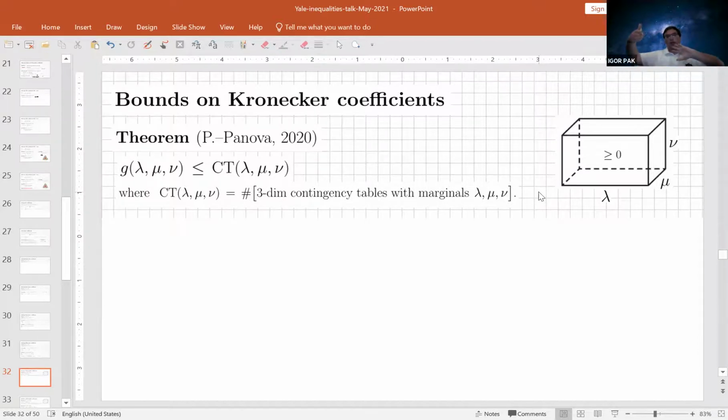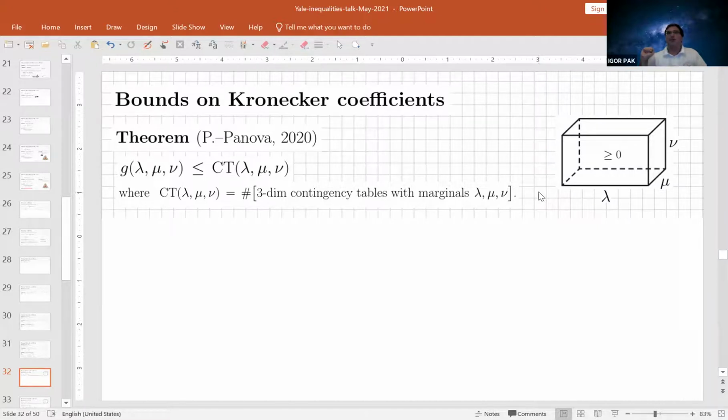You take a box and consider all three-dimensional matrices with non-negative integer entries, so that the two-dimensional sums orthogonal to each coordinate have lambda marginals, or mu marginals, or nu marginals.